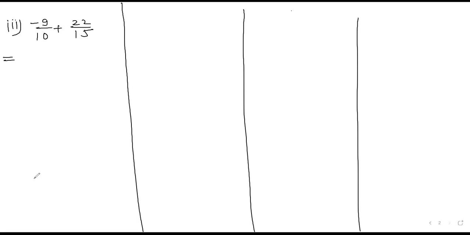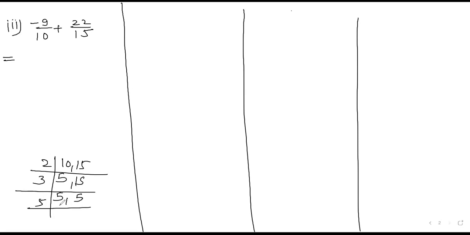So if you will take the LCM of 10 and 15, what will it be? 2 divided into 10 gives you 5, and 15, because 2 is not going in 15, so 5 3 5s are 15, again 5 1 comma 1, so 5 3s are 15, 2 3s are 6, LCM will be 30.